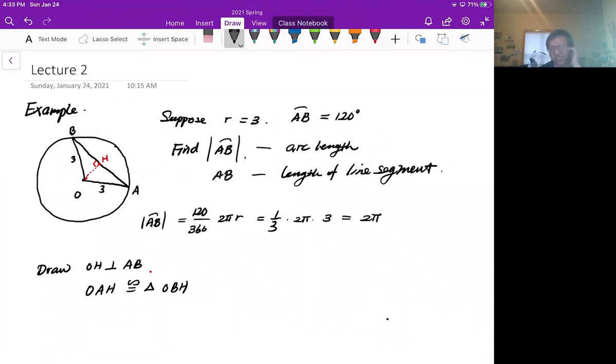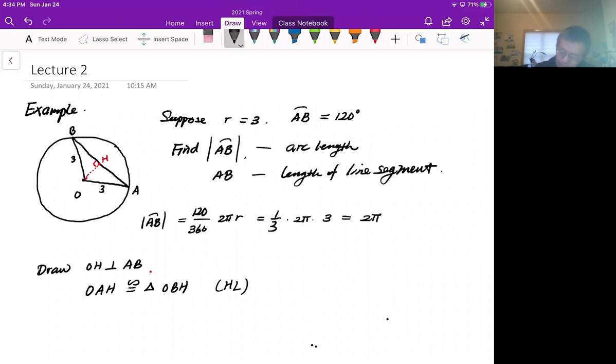Why? It's the HL, right? HL just means you have two right triangles. The hypotenuses are the same because they are both 3, and then you have one side, OH, which is a common part.